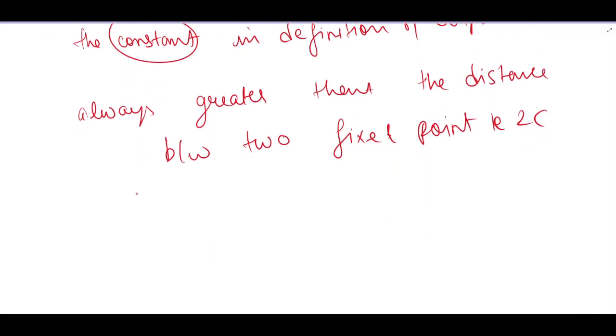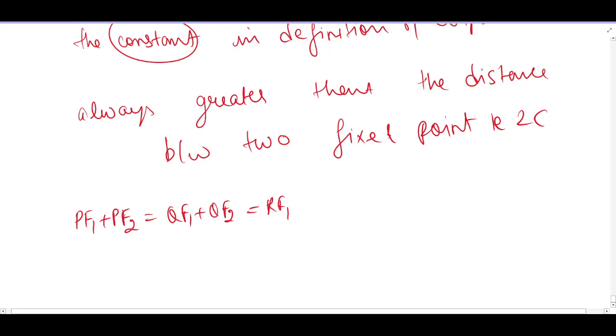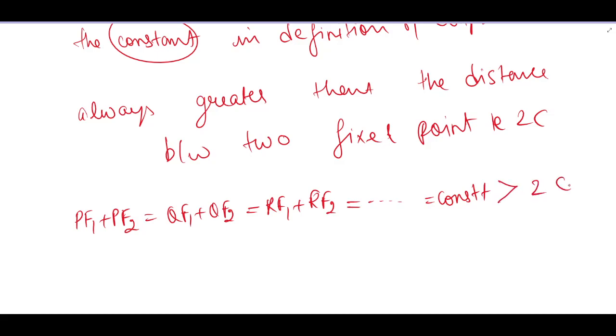So if P, Q, R are any points, then PF1 plus PF2 is equal to QF1 plus QF2 is equal to RF1 plus RF2, likewise equal to constant, which is greater than 2c, where 2c is the distance between F1 and F2.